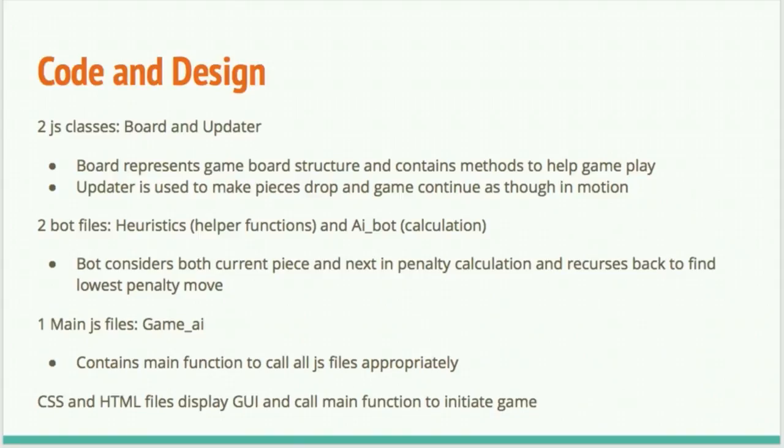The bot considers both the current piece and the next in penalty calculation and recurses back to find the lowest penalty score. And then the final JavaScript file is one main file that just puts all of the other functions together and calls them appropriately so the game can be played.